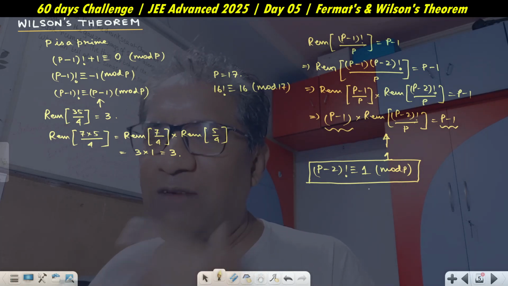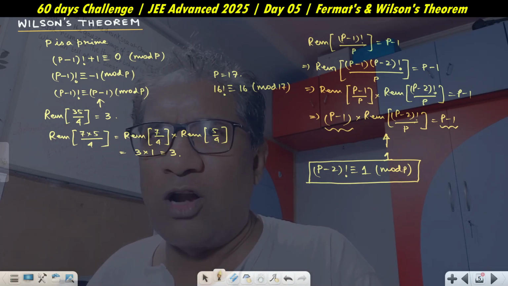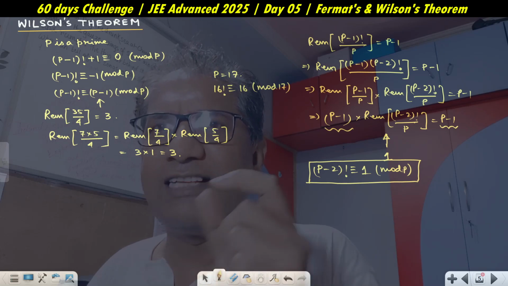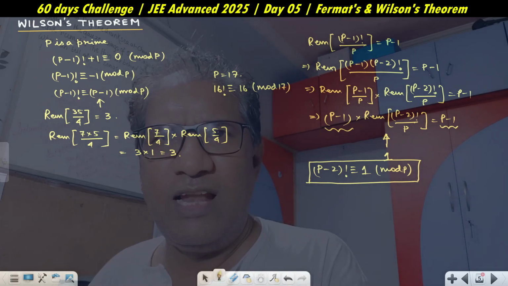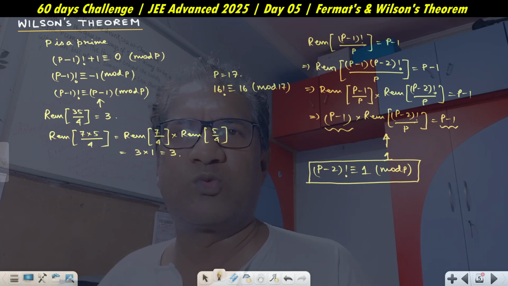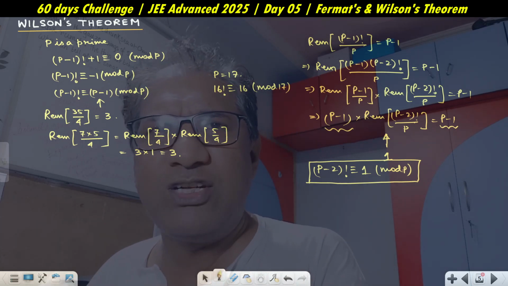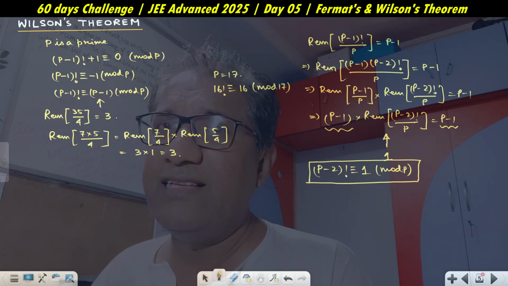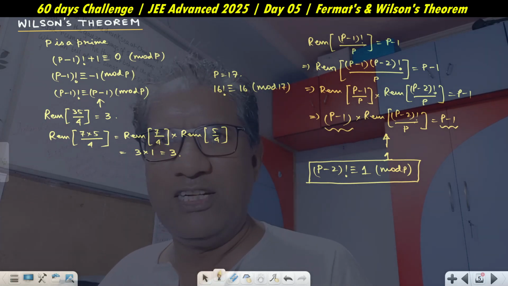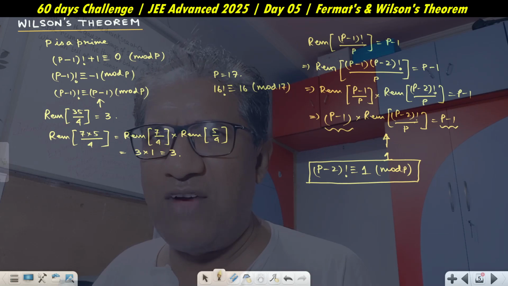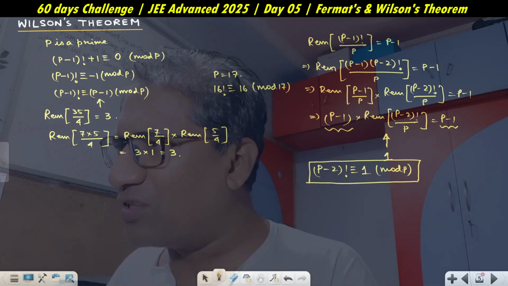That we got. And what is the modified form of Wilson's theorem? That is, P minus 2 factorial when divided by P, the remainder is 1. Or you can say P minus 2 factorial is congruent to 1 modulo P, where P is a prime. Have you understood this? Is this much clear to everyone? Let's move to some problems.